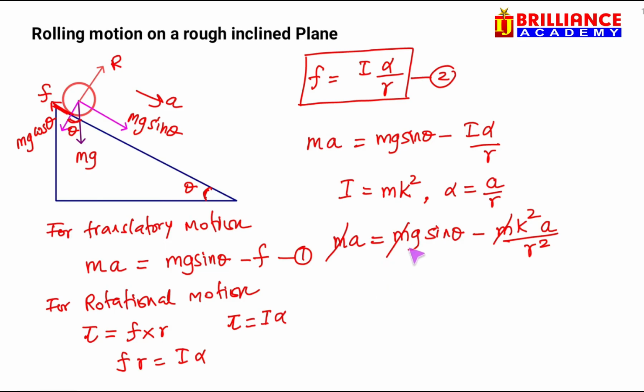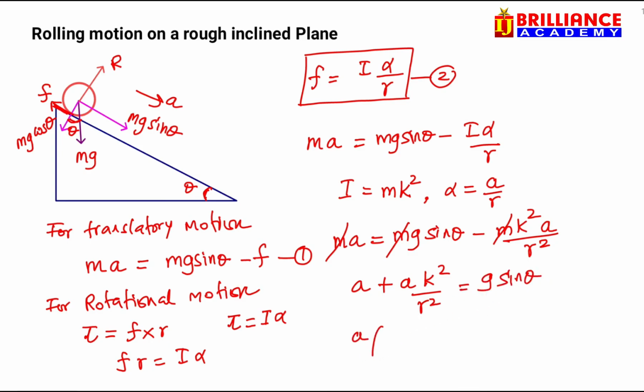So from this equation you can very well write the equation for the acceleration of the body which is rolling down. So a, and this minus term I can bring to this side, so this becomes a k squared by r squared is equal to g sine theta.